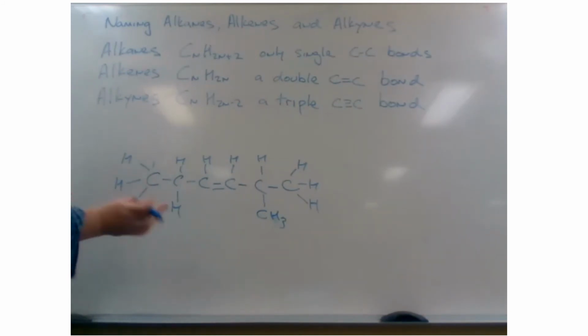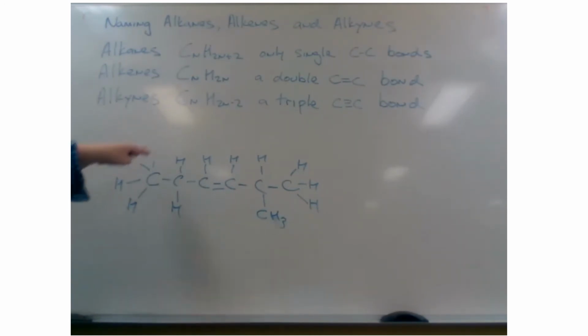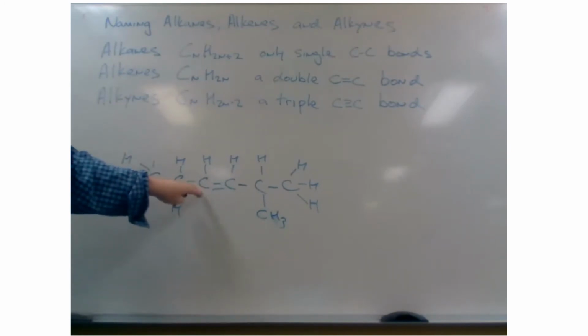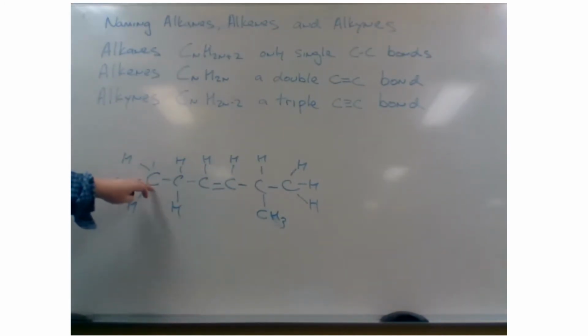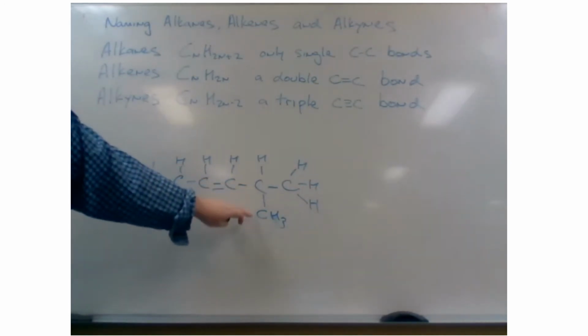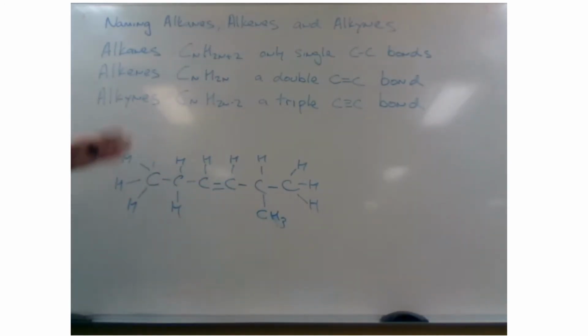Now we need to be careful when we're naming branched compounds. If you remember from our work on alkanes, we need to make sure we still start with the longest chain. So let's count 1, 2, 3, 4, 5, 6. That's a hexane chain. So it doesn't matter in this case which branch we take.